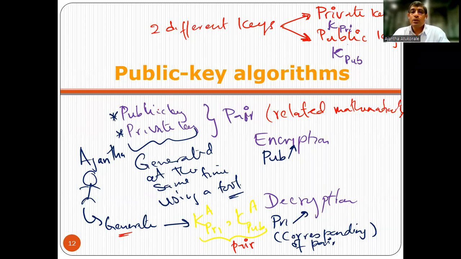They are mathematically related, and generated at the same time. Those keys are used for encryption and decryption. If you use one key for encryption, the corresponding other key has to be used for decryption. Then someone can argue with me, sir, is it possible to use a private key for encryption? I can say yes.